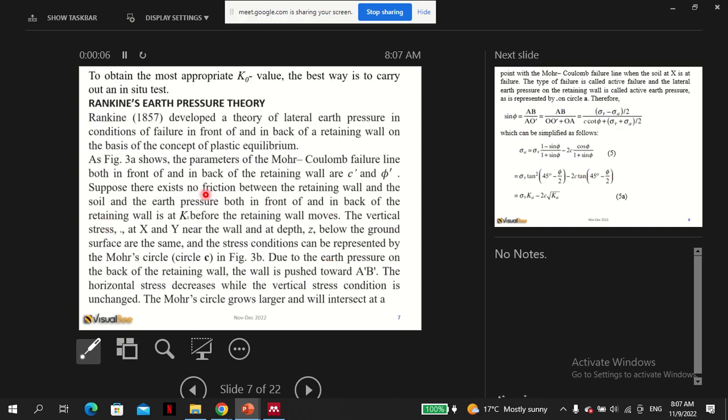Suppose there exists no friction between the retaining wall and the soil, so the same assumptions, and the earth pressure both in front and at the back of the retaining wall is K naught before the retaining wall moves.